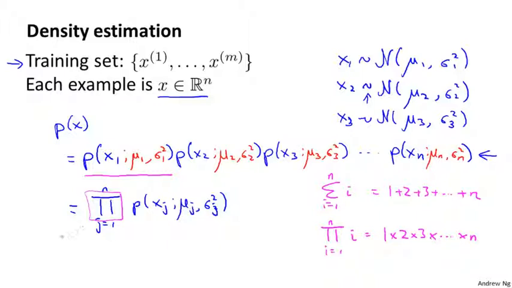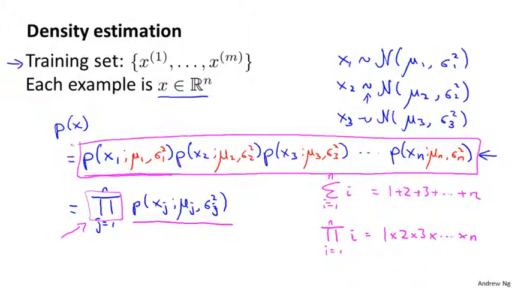And so using this product notation, this product from j equals 1 through n of this expression is just a more compact, or shorter, way of writing out this huge product of all of these terms up there, since we're taking these P of xj given mu j, sigma squared j terms and multiplying them together. And by the way, the problem of estimating this distribution P of x is sometimes called the problem of density estimation, hence the title of the slide.